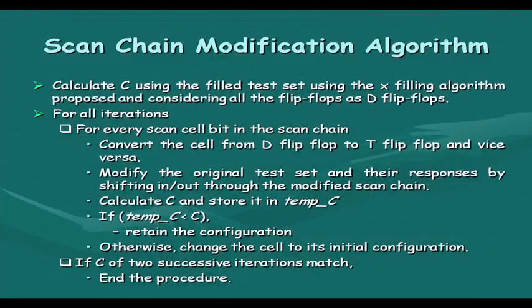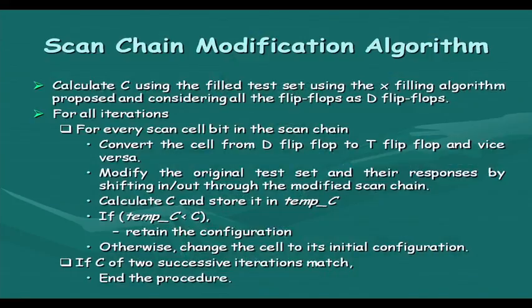Those recomputed values are stored in temp C, and if temp C is better than C, so criticality has improved, then we retain the configuration. So this particular flip from D to T is accepted; otherwise we go back to the original configuration, so that the conversion to T flip flop is nullified and it goes back to the D flip flop.